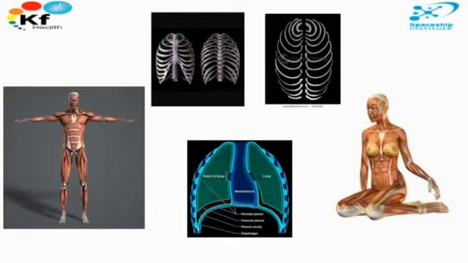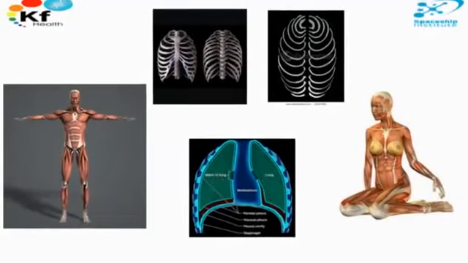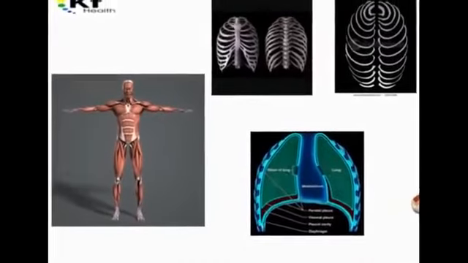As you know from the previous workshop, our chest area has a core shape, and the outside of the core is the rib cage. The rib cage has a very specific shape, and as you see in the middle two pictures, it is very similar to the two hemispheres of our brain.